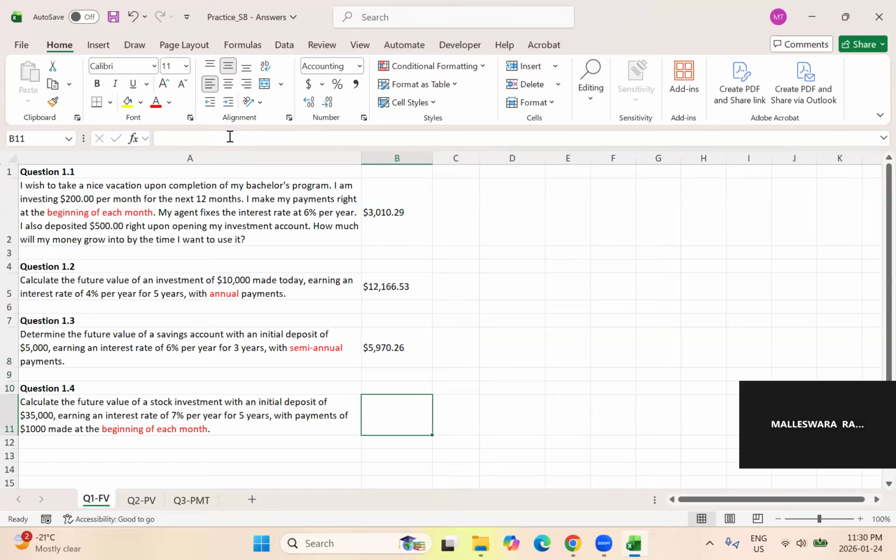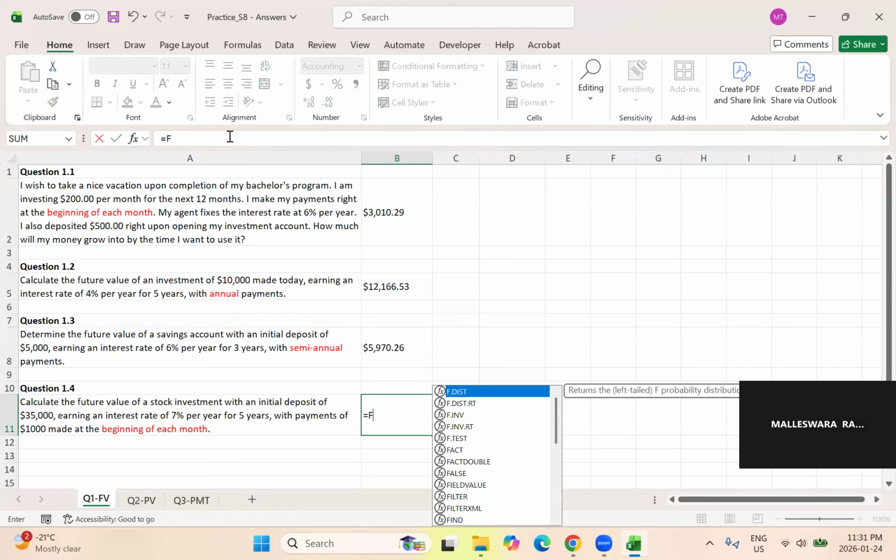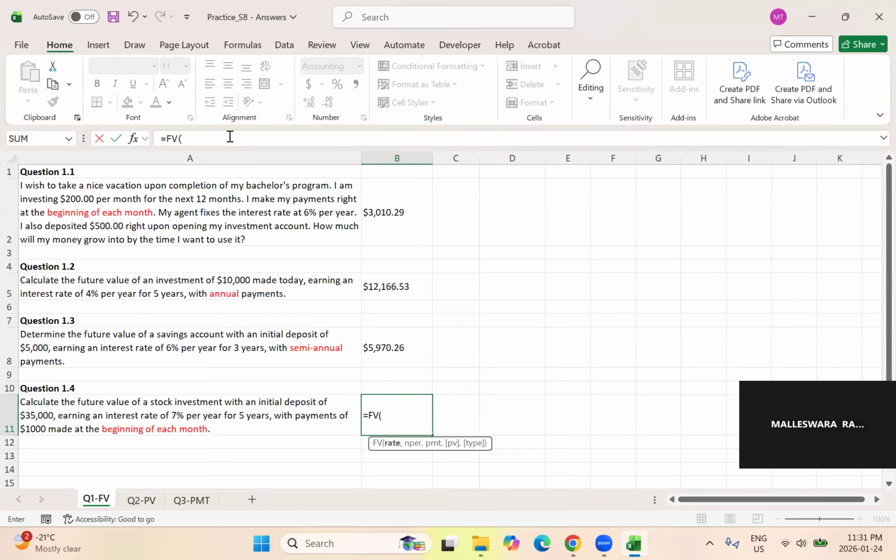And now I have a future value computation that is monthly, at the beginning of each month. So this is FV. The rate is 7%, 0.07 divided by 12. The number of periods is 5 years multiplied by 12.